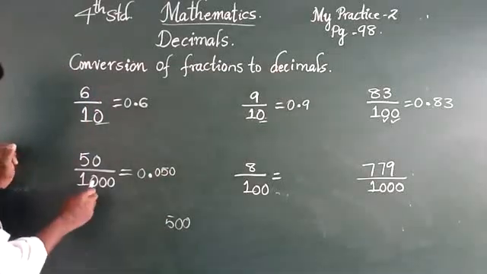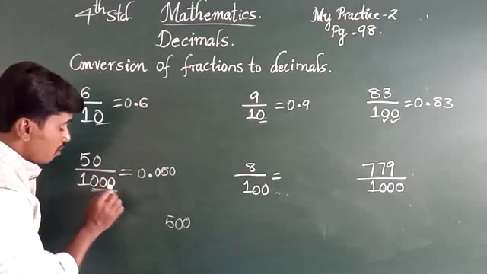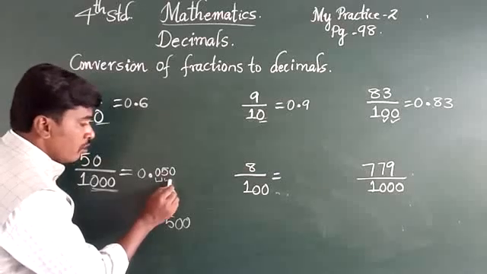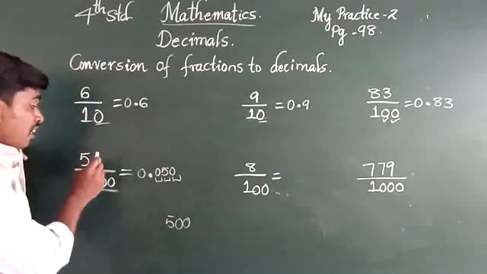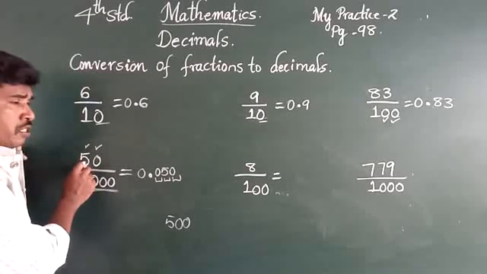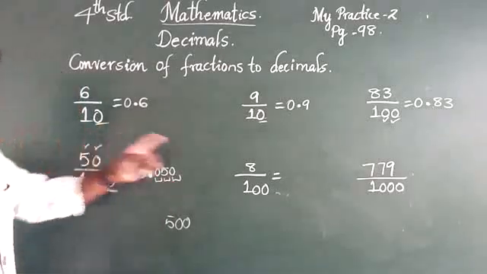In the denominator it is having 3 zeros, so after the decimal point it should be 3 digits, but in the numerator they have given only 2 digits. So you need to write 050.